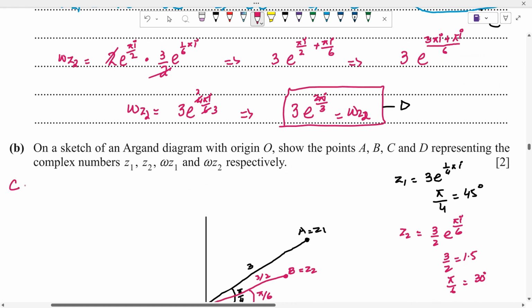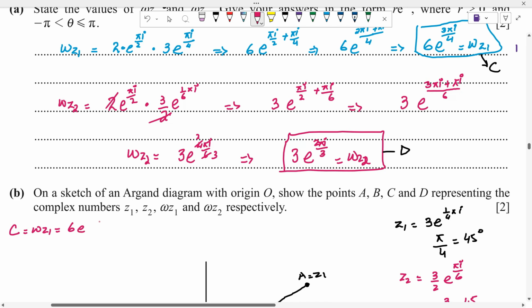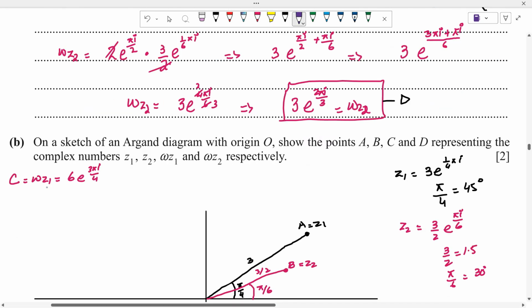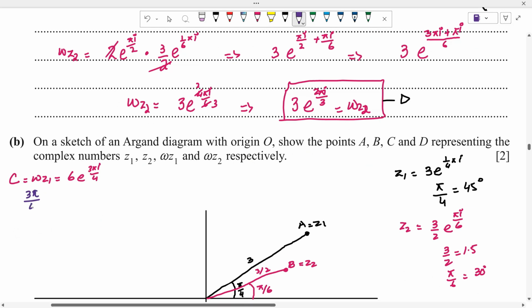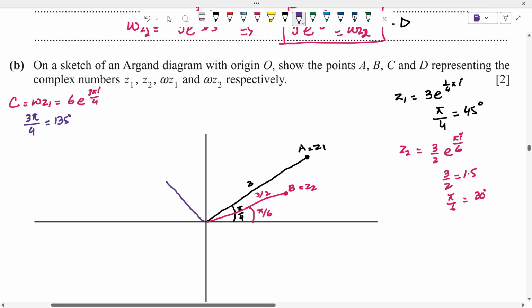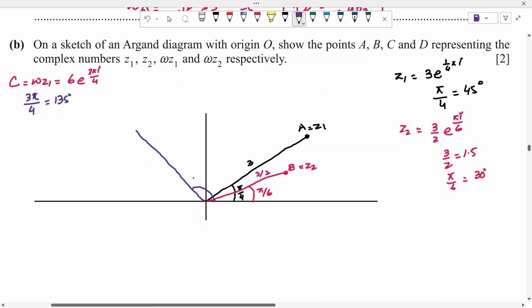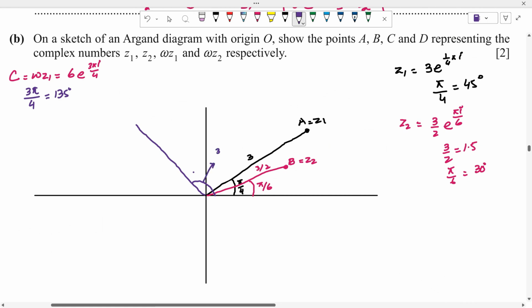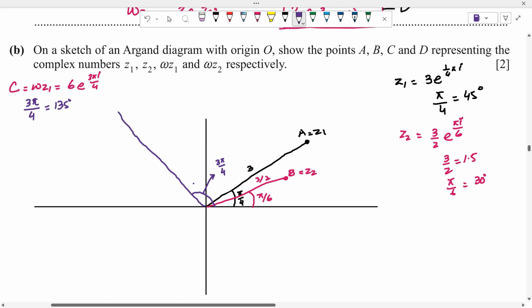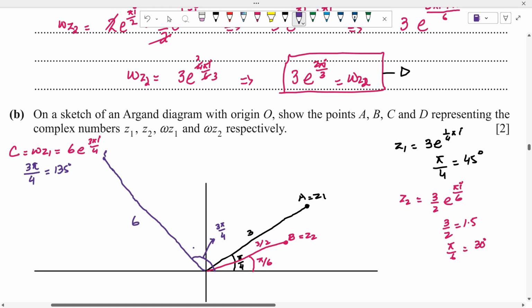Point C is omega z1, which is equal to 6 times exponential of 3 pi iota over 4. In this case, the magnitude is 6 and the angle is 3 pi over 4, which is equal to 135 degrees. And the length of this will be 6, and this point is C, which is equal to omega z1.